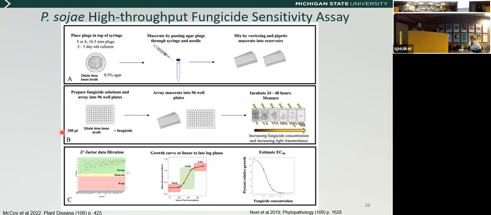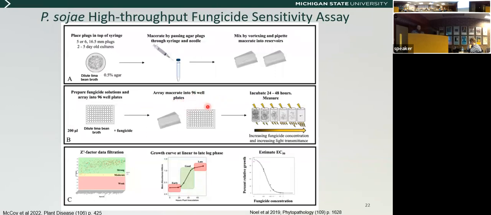So in this case, we use 200 microliters of dilute lima bean broth, as well as a defined concentration of an individual fungicide. So if we're testing 6 different concentrations of a given fungicide, we would need 6 individual plates, 1 for each concentration that we're testing. And then we pipette in the isolates themselves in the same order using just a general 96-well map.